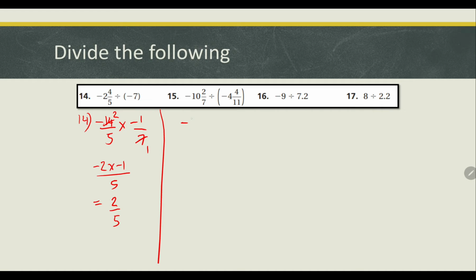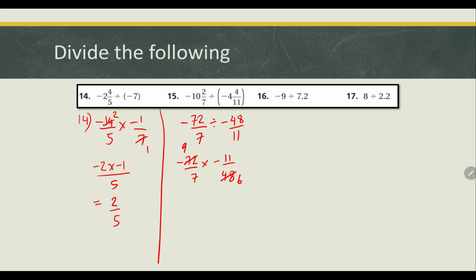Now let's change all of these fractions into improper fractions. So negative 72 over 7 divided by negative 48 over 11. Now let us find the reciprocal. So negative 72 over 7 times negative 11 over 48. Both can divide by 8, so this will be 9 and this will be 6.